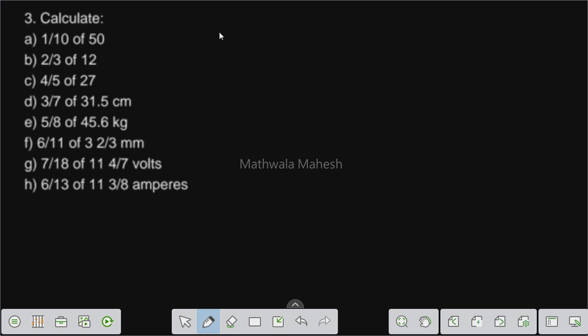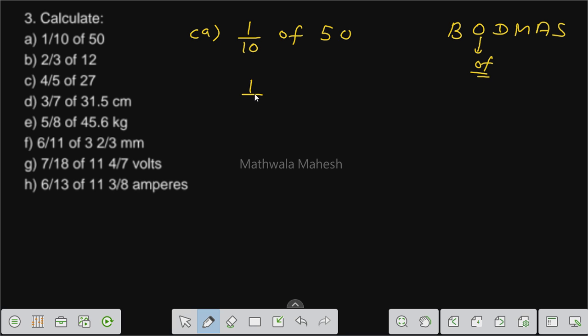Okay. So first one is 1 by 10 of 50. So in the BODMAS rule, we know that the O means of, it means multiply. It means 1 by 10 into 50.